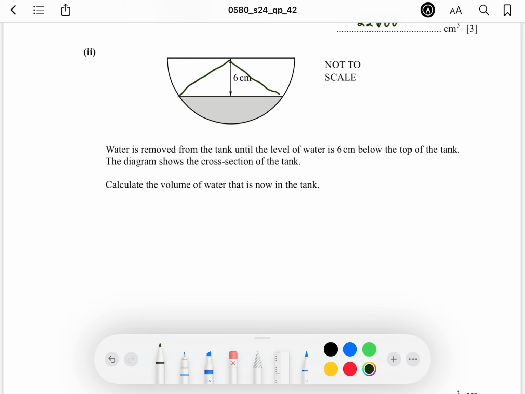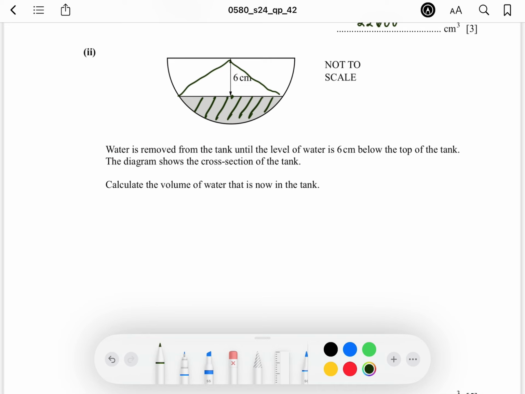It's below, so it's not the center. This is not the center, so this is not a semicircle. So in fact what we should do is find the area of this, and then times by the length.